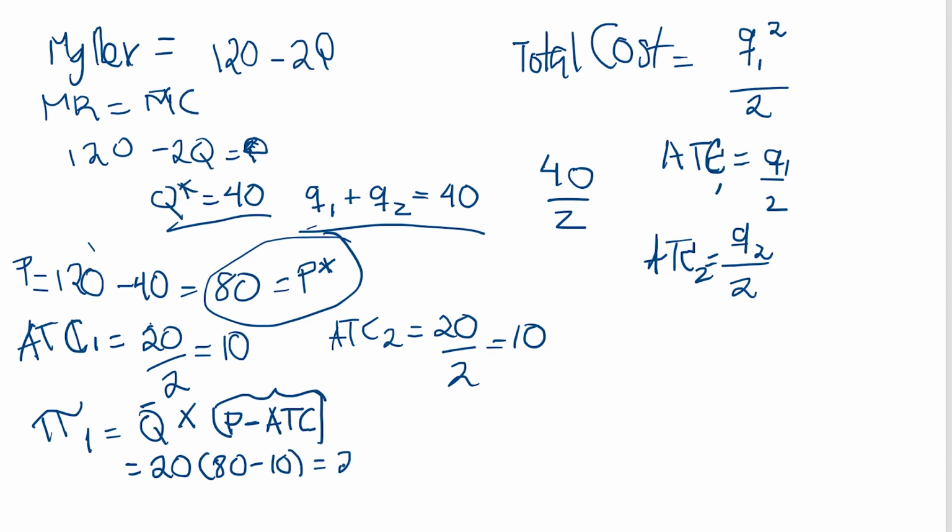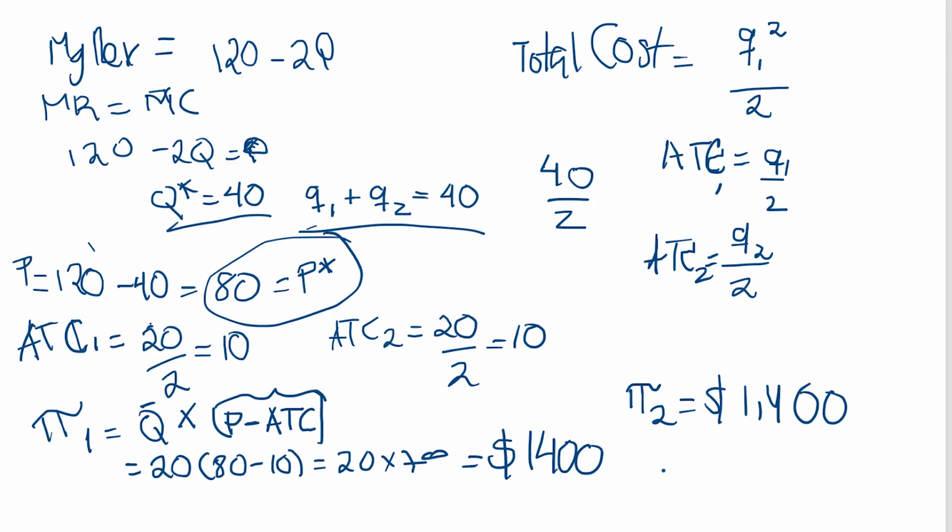So this is equal to 20 times 70. And this gives us a profit of 1400. Of course, firm 2 has the same 1400. So the total profit in this case would be 2800.